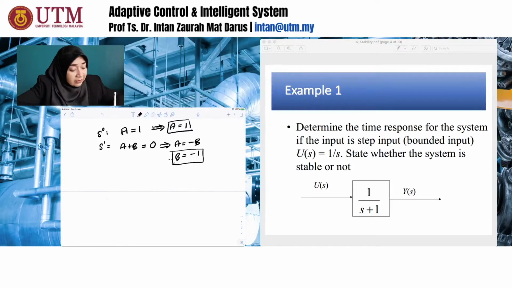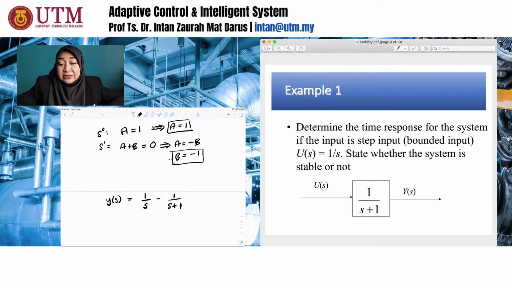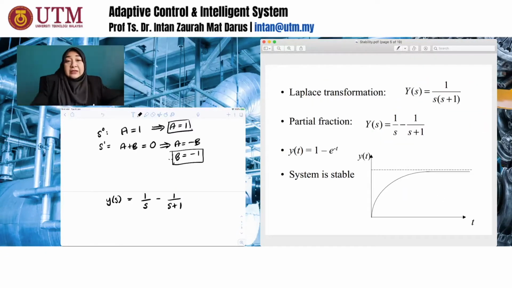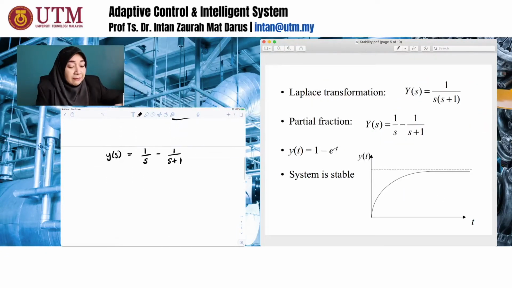Okay, so from there we can put this back into our equation. Then we're going to have Y(s) equals 1 over s minus 1 over s plus 1. By having this, we've done the partial fractions, so we need to actually find the inverse Laplace transform. If you remember, taking the inverse Laplace transform of Y(s) will give me y(t).